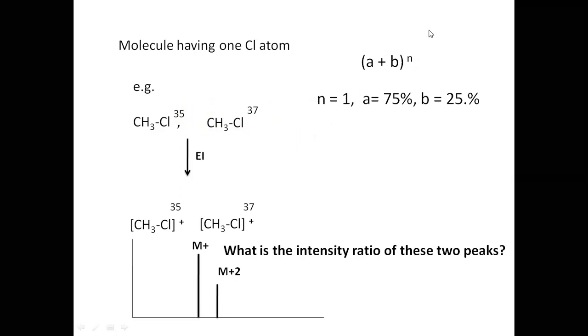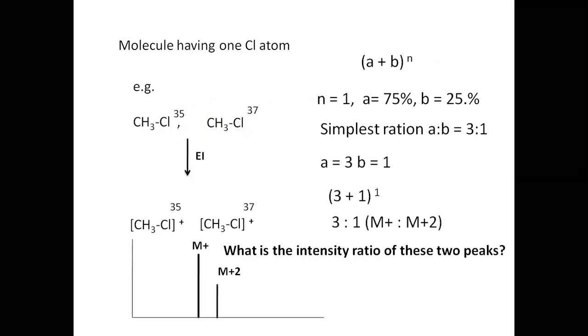The simplest ratio from A and B would be 3 is to 1. If you put in the values, you get this peak ratio.